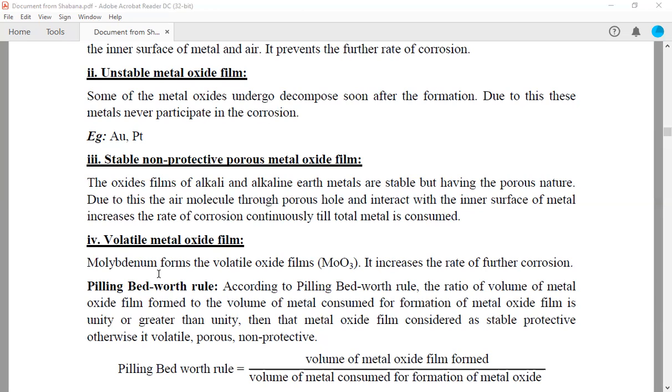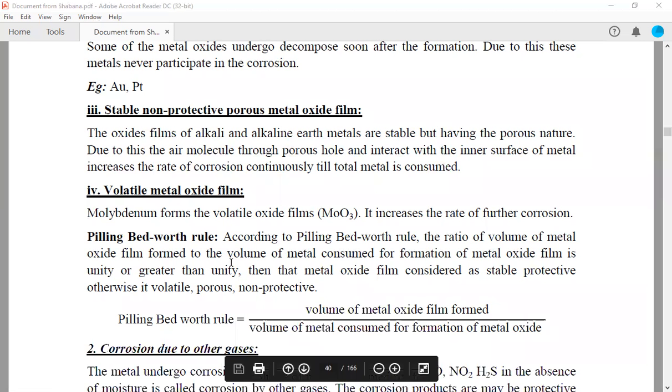If the volume of the metal oxide film is at least as great as the volume of the metal from which it is formed, it is non-porous and becomes a protective layer by tightly adhering to the base metal.